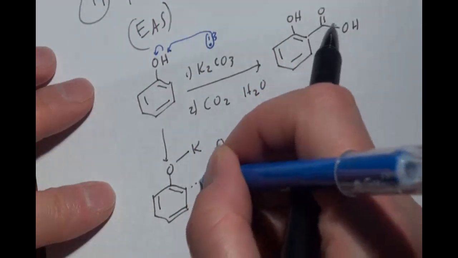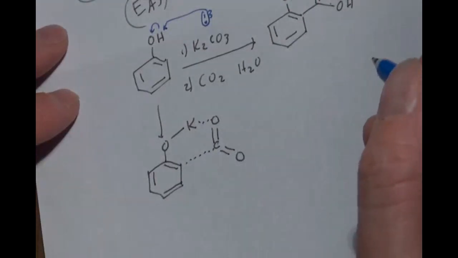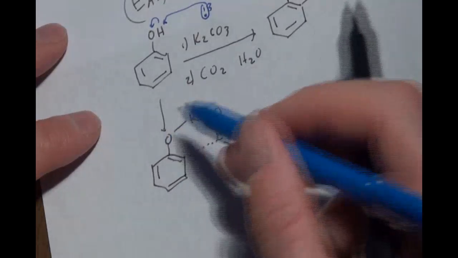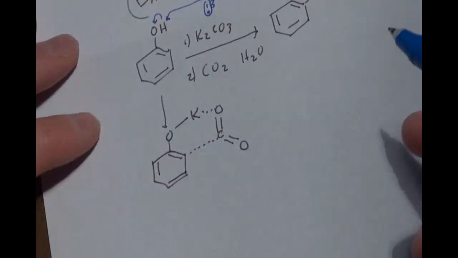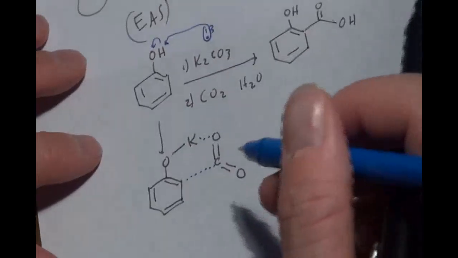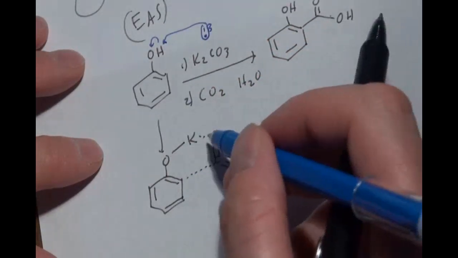So now we just draw dotted lines, and we can see sort of a six-member ring. 1, 2, 3, 4, 5, 6. It's like a six-member ring type thing. And the mechanism is actually kind of concerted. The potassium is sort of interacting with the oxygen.